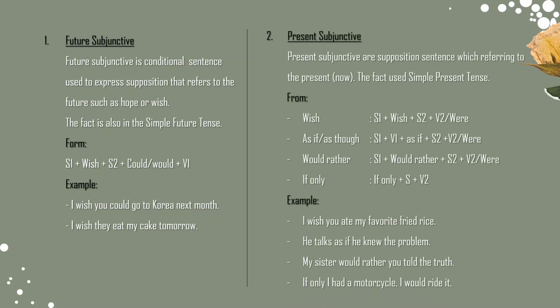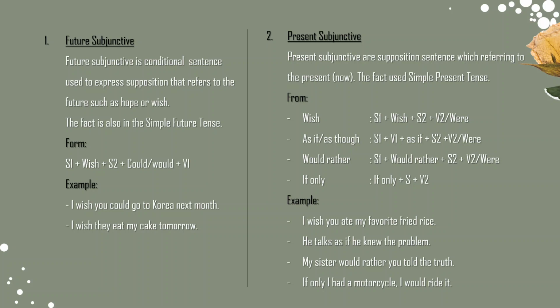So let's continue to the second type, present subjunctive. Present subjunctive is a supposition sentence referring to the present, meaning like now. The fact uses the simple present tense. And these are the formulas. The first one is the formula of wish: subject plus wish plus subject plus verb 2 or were.